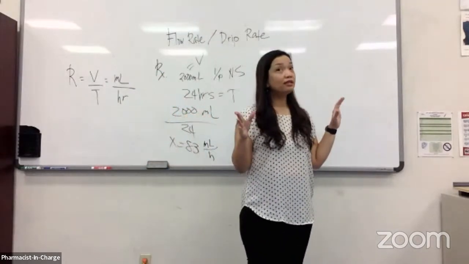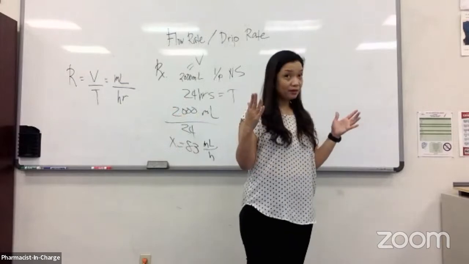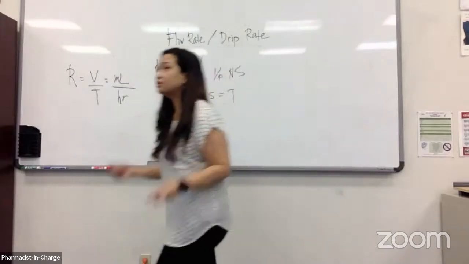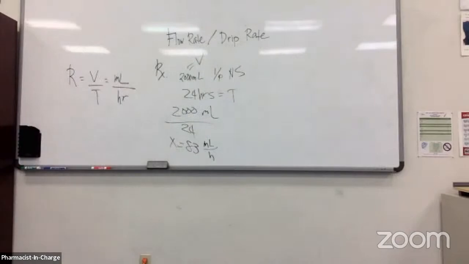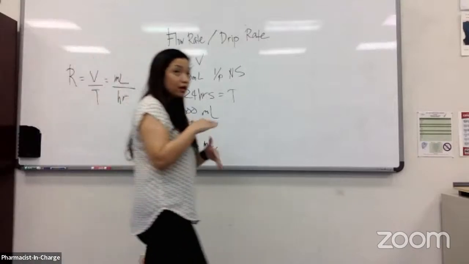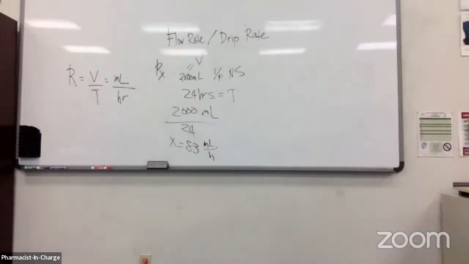So if it's in liters, convert that to ml. If it's in minutes, convert that to hour. On my notes, I said here, round up for your final answer. It has to be a whole number. Round up meaning we follow the rule of rounding off. 5 and up, add 1.